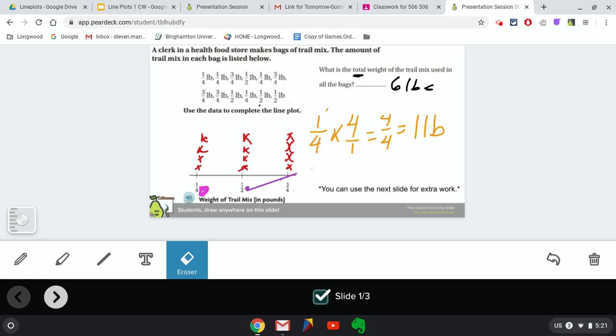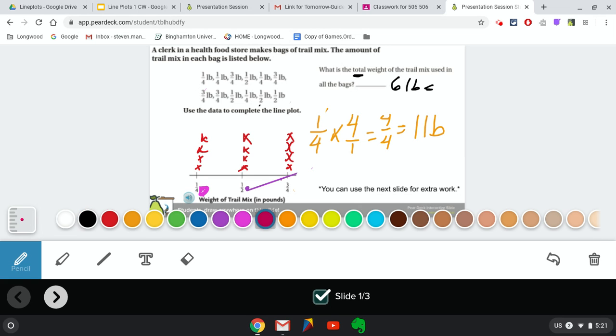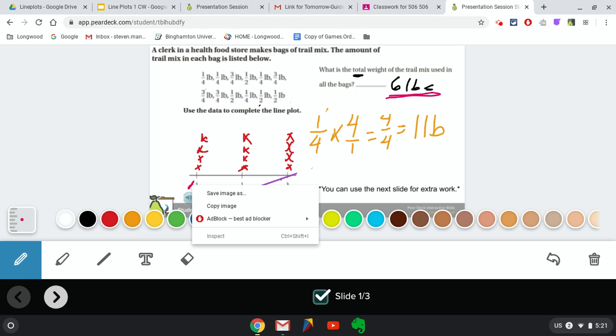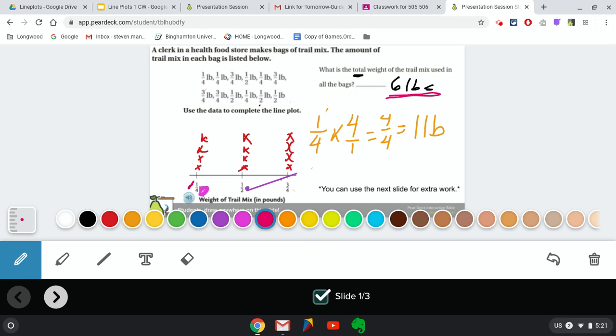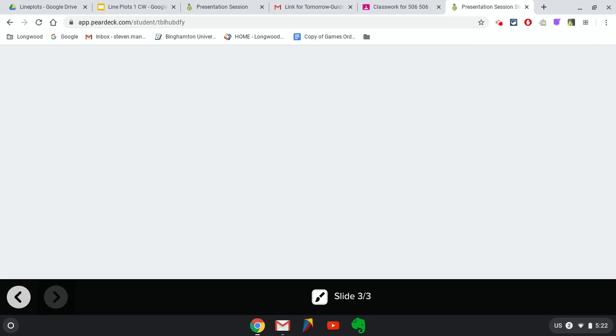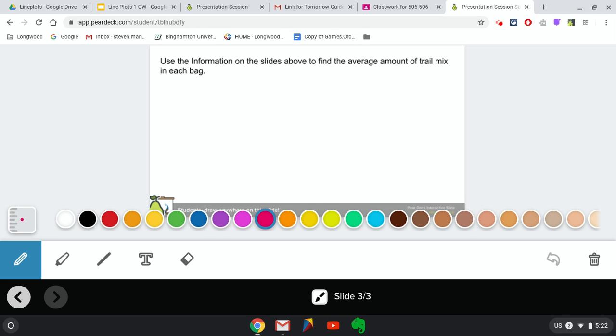We would still get the same number of 6 pounds, but it was easier for us to group them together like we did down here with our chart, group them together, and then multiply each of those groups, and then add that total together. So we got a total weight of 6 pounds. Once we get the total, this last part is really easy. I'm just going to go ahead and put that our total was 6 pounds.